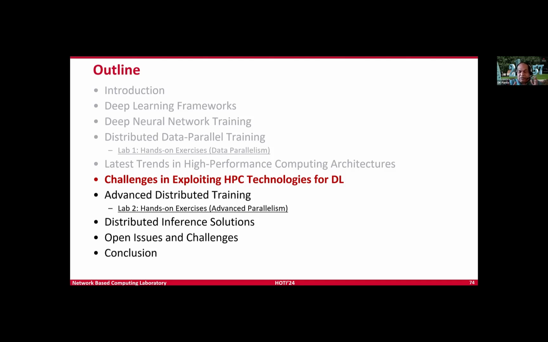But with the trend, or the challenge, whenever we are designing these large-scale systems, you hear a lot of news about Facebook trying to do model training with 30,000 GPUs. Microsoft is ordering 60,000 GPUs. So all these lead to this bullet saying how we want to exploit the HPC technologies for DL.